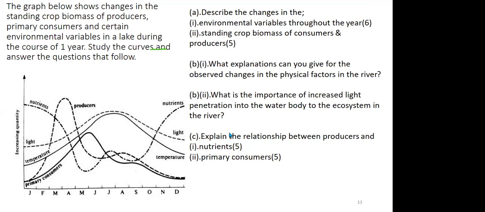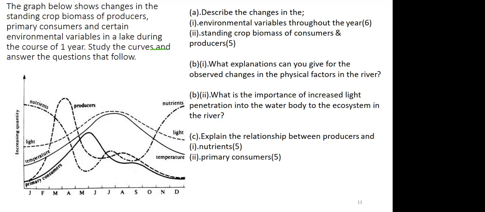So we notice that when the nutrients reach their minimum, when they are reaching towards their minimum, the producers now start decreasing because the nutrients are few.